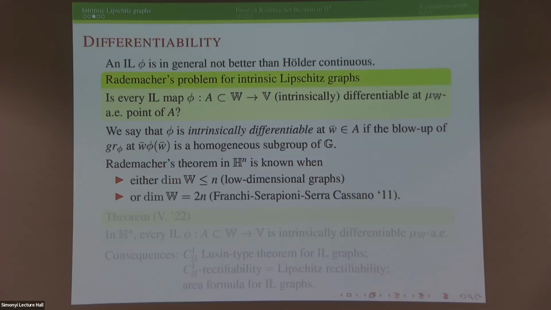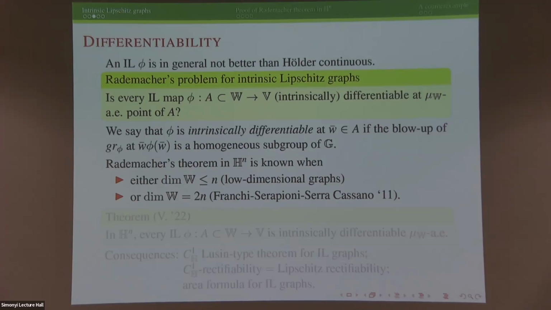There was a case which was known for a few years, codimension 1. So when V has dimension 1 and W has dimension 2n, Rademacher theorem was known, and this was quite clear to the experts because intrinsic Lipschitz graphs of codimension 1 are boundaries of sets with finite intrinsic perimeter.